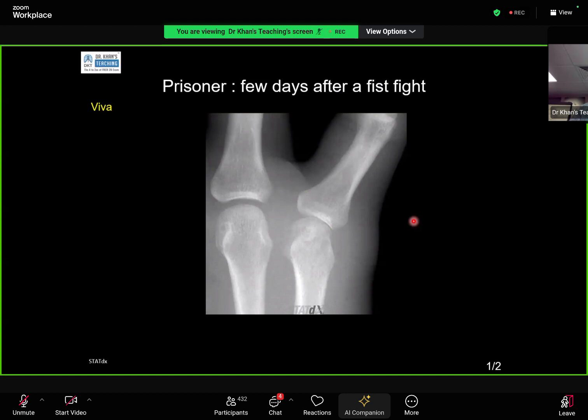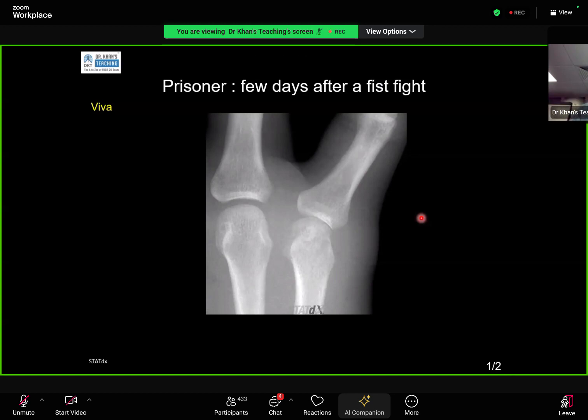You did well. Basically, the point to remember is that this is what we call indirectly a human bite, from a fist fight. The jaw of the other person is what will cause this, and the rate of infection is quite high in this kind of scenario.